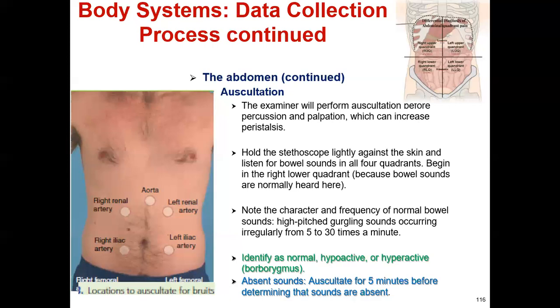If the bowel sound is increased, we call it hyperactive bowel sound, and it can sometimes be heard even without a stethoscope. Hyperactive bowel sound means there is an increase in intestinal activity, and it may happen with diarrhea or just after eating.